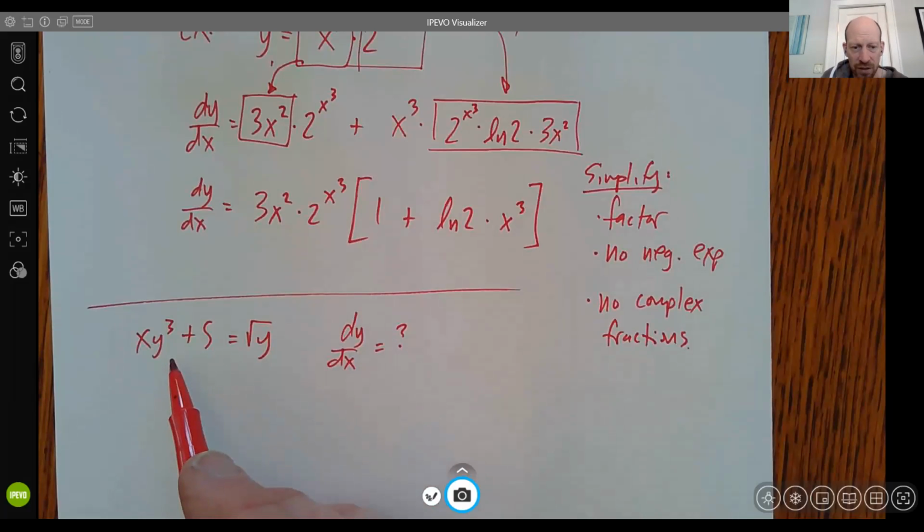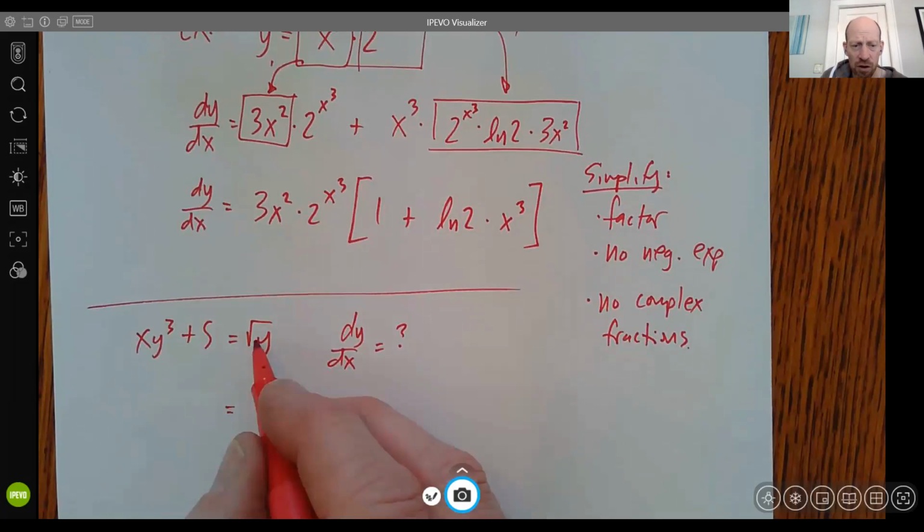So when I look at this implicit function, I see 3 different terms. The 5, of course, is the easiest because the derivative of 5 is 0. I need to take the derivative of all of those pieces implicitly. The implicit derivative means anytime I take the derivative of y, I'm treating that as some function of x, and I have to use the chain rule.